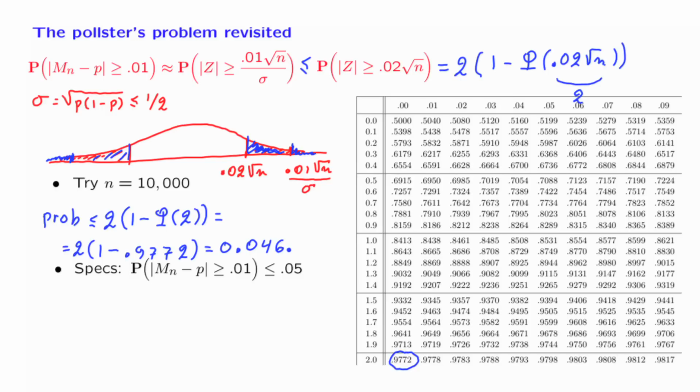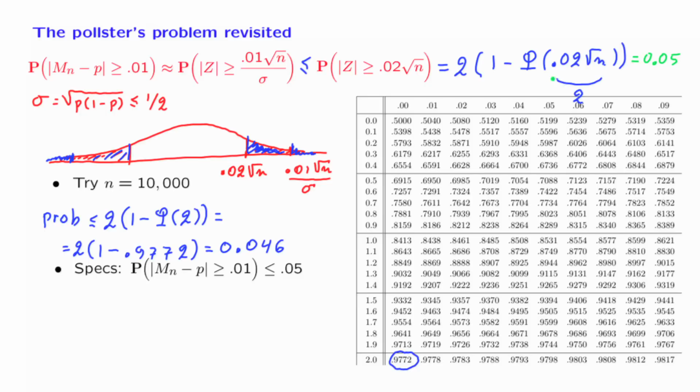What could the size of the sample be and still meet those specs? What we're trying to do here is that we have this approximation for the probability of interest, and we want to set this probability to a value of 0.05. And then we want to ask what is the value of n that will result in this particular probability of not meeting the specs.